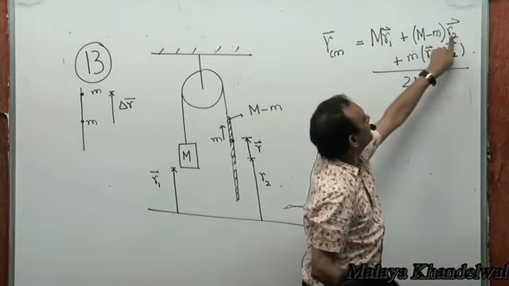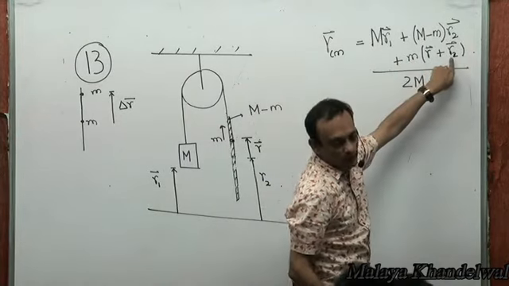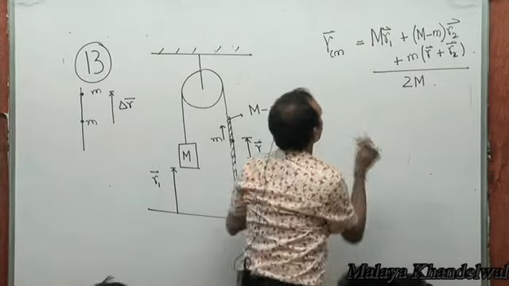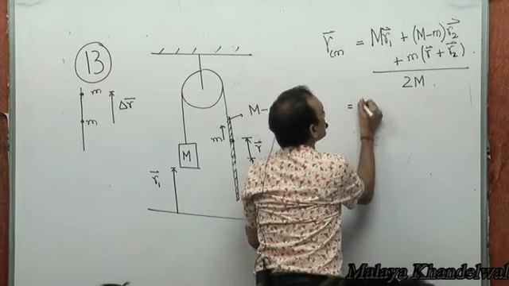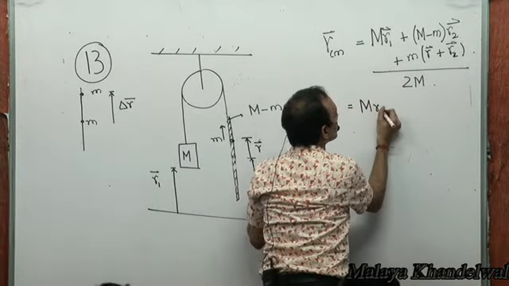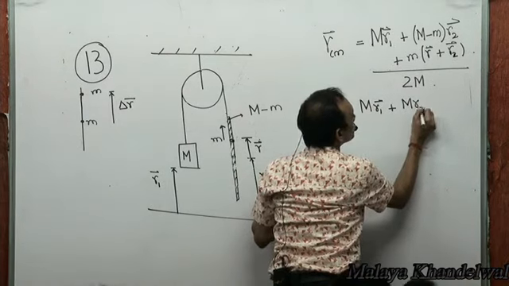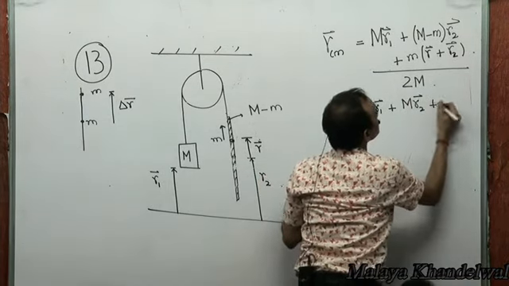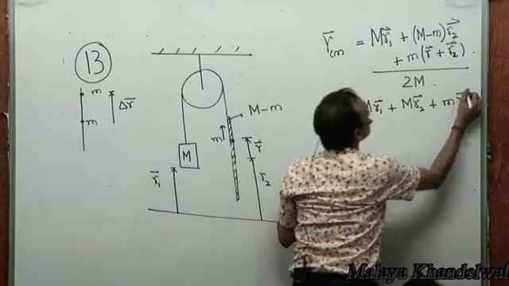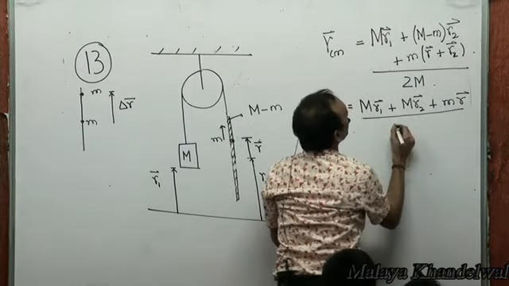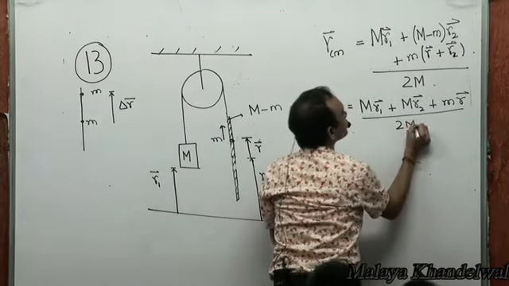Very clearly, small m into r2 would get cancelled with small m into r2 here, leaving you with capital M into r1 plus capital M into r2 plus small m into r divided by 2M. Yes or no?